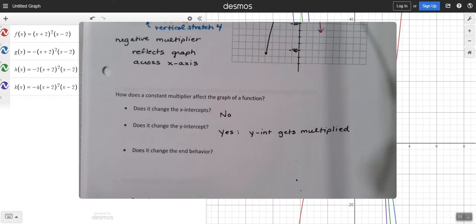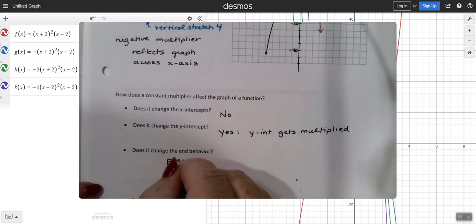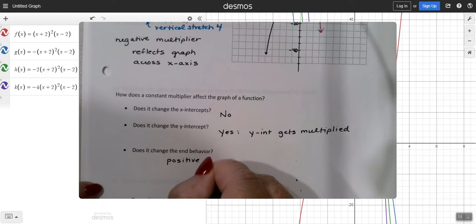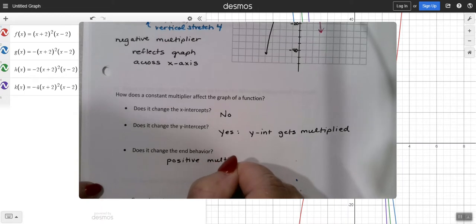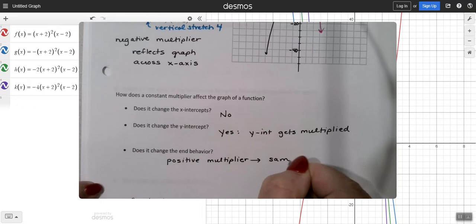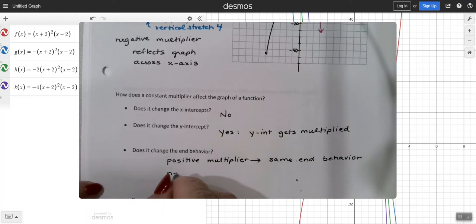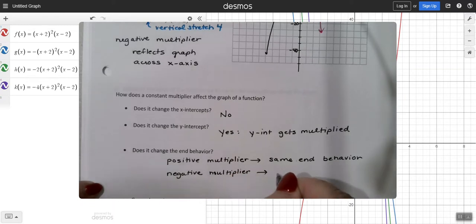So we need to explain this one just a little bit. A positive multiplier, we get the same end behavior. But with a negative multiplier, the end behavior reverses.